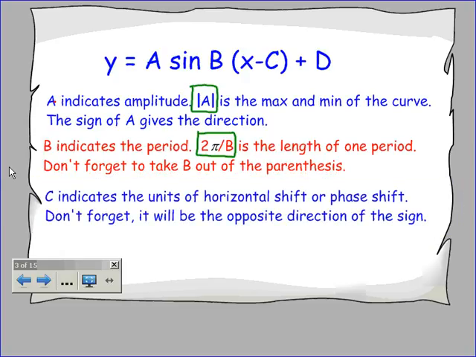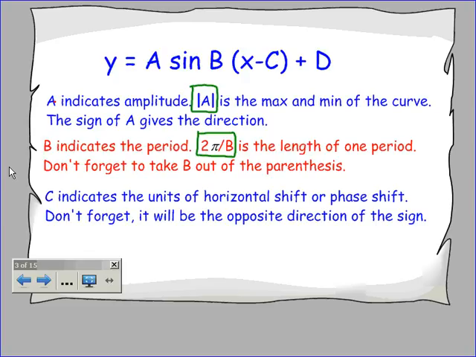So, C. C indicates the units of horizontal shift or a phase shift. So that's moving left or right. Here's the deal. Don't forget that it will be the opposite direction of the sign. This is just what has happened every time we've had something in parentheses with x. It's the opposite of that number. When we had the circles, when we had parabolas, when you have something in parentheses with the x, or in the case of the circles with the y, then that number is the opposite.